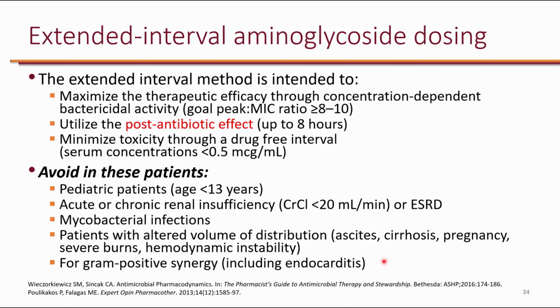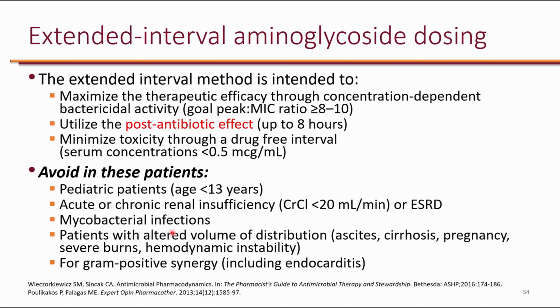There are also nomograms that are established for the use of aminoglycoside. Now when you use a nomogram, it's important to make sure you use it in patients that the nomogram has been validated. One in particular is the Hartford nomogram. So the Hartford nomogram should be avoided in pediatric patients, in patients with acute renal insufficiency, or if the creatinine clearance is less than 20 or the patient is on dialysis and has end-stage renal disease.